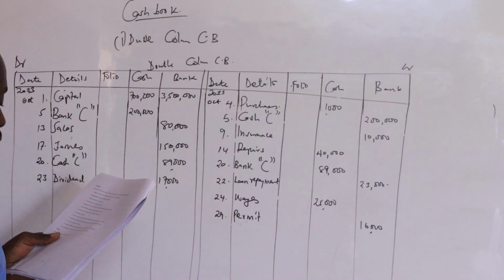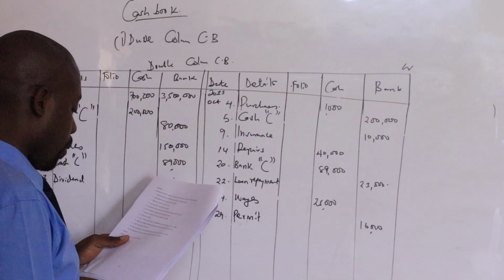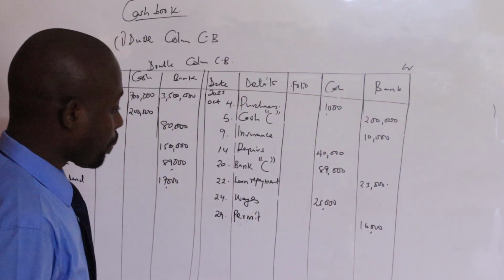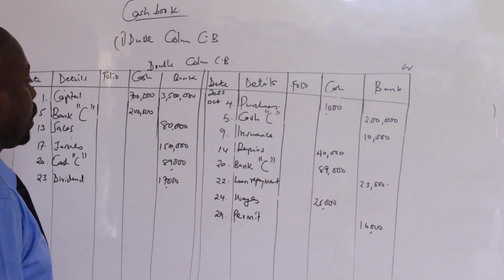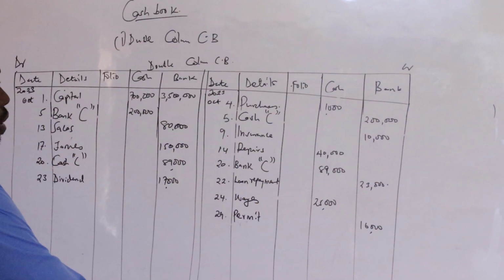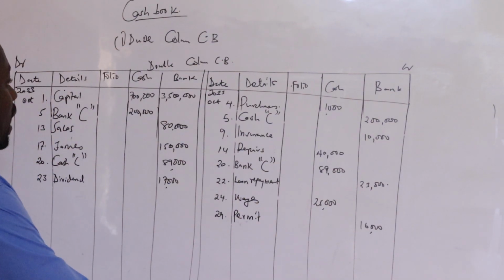And lastly, all amounts at the end of the month were banked except 170,000. What are we talking about? The money we are referring to is the money in the cash till at our business. We are being told all money was banked, but the cash still remained with 170,000. So first of all we ask ourselves, how much is the cash account having?